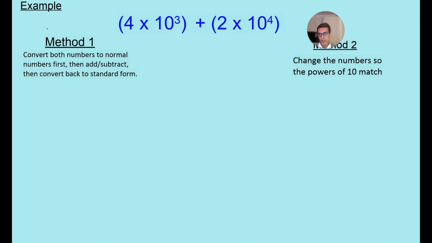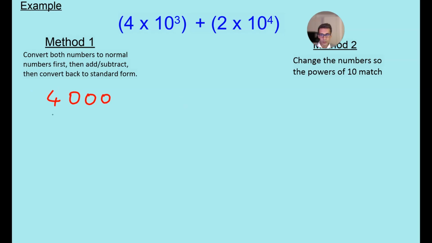So what we're going to do, method 1, is the really straightforward way of doing it. It's just to write the number out in full, and just add it up. So let's try that. 4 times 10 to the power 3, so the decimal is going to move 3 places to the right from here. So let's write 4, 1, 2, 3, so that's 4,000.